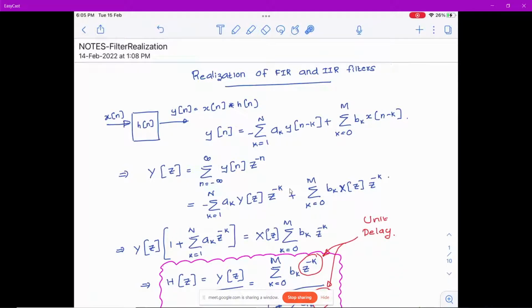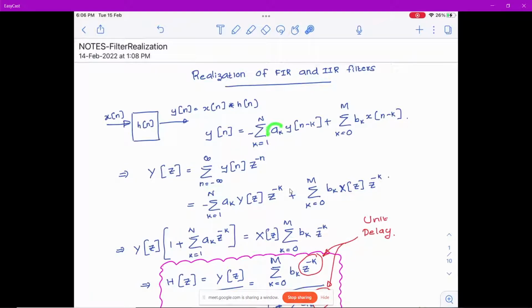Now, your y of n, you can express it as a linear combination of previous input, previous output, and present input. This is the general equation for y of n. This is basically the IIR filter equation. But in general, you can say it like this.